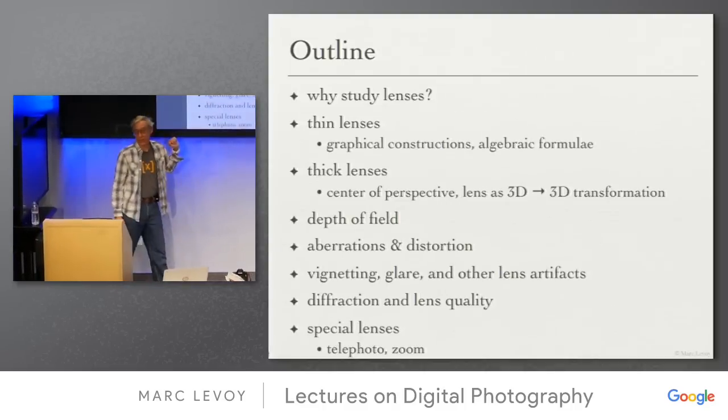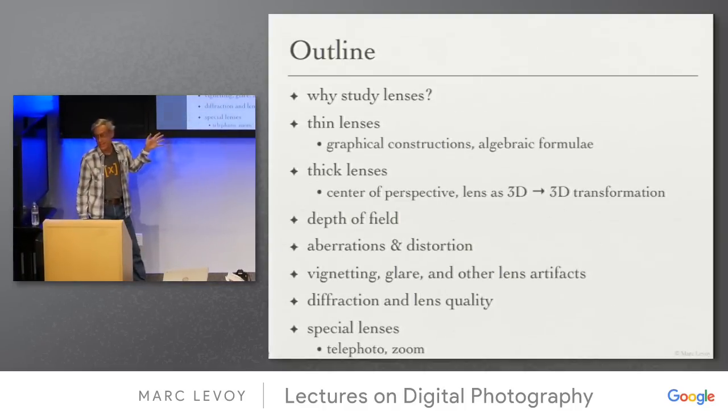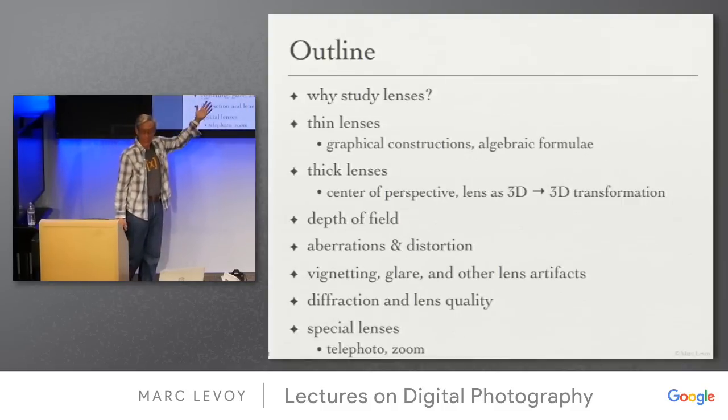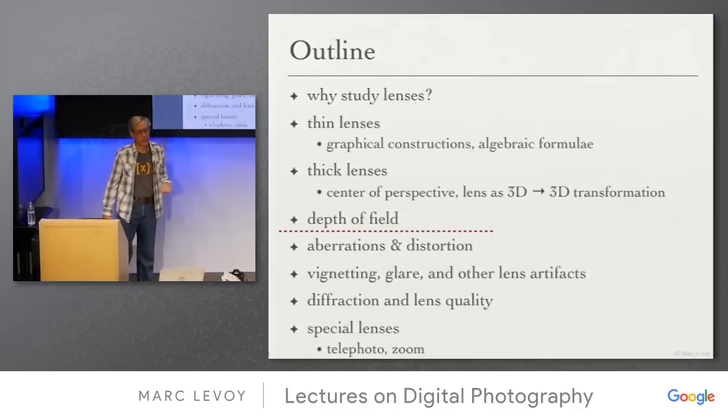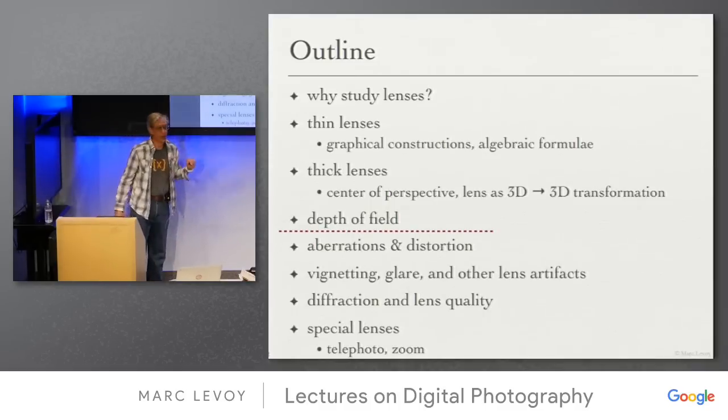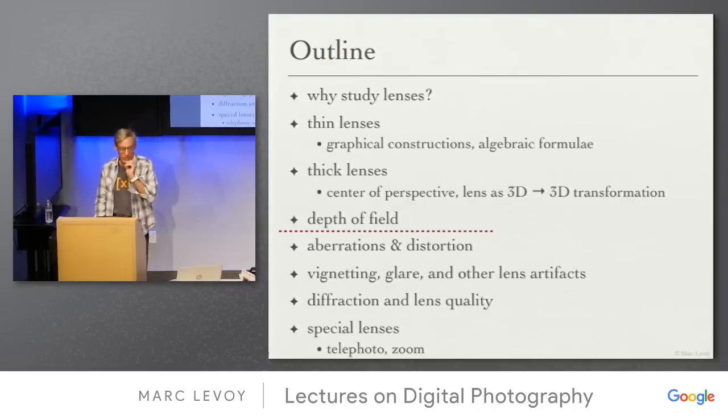We'll talk about depth of field, and I'll give the formula that I did as a teaser at the beginning of the course. Then we'll eventually, probably, this is on Thursday, this is maybe as far as we'll get today, talk about aberrations and things that go wrong with lenses. And there are lots of them, and they affect photography. And then we'll talk about the designs of telephoto and zoom, some special lenses.